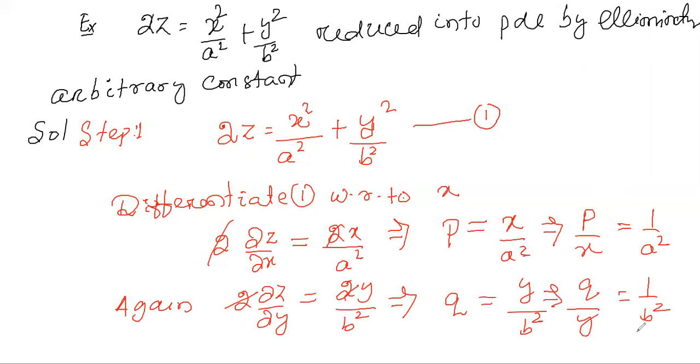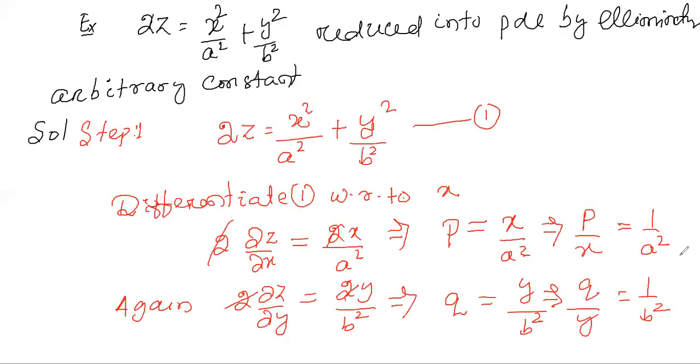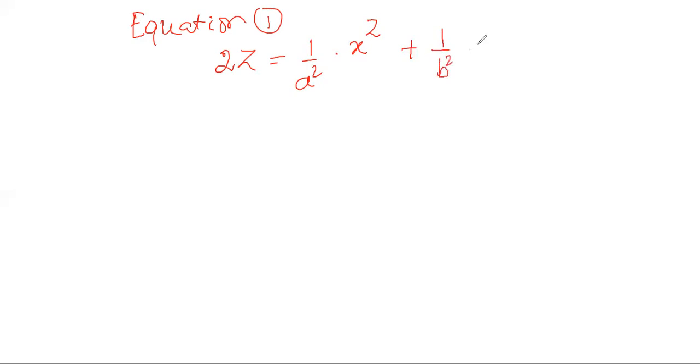So now we also retain this value. Equation 1 can be written in the form 2z is equal to 1 by a square into x square plus 1 by b square into y square.